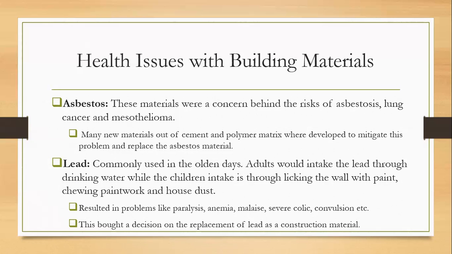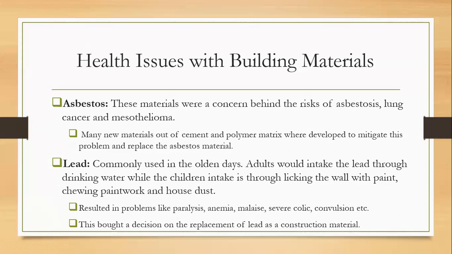Then there's exposure to lead. This was commonly used in the old days. Adults would intake the lead through drinking water, while children would intake it through licking the wall with the paint, chewing on paintwork, and even house dust.